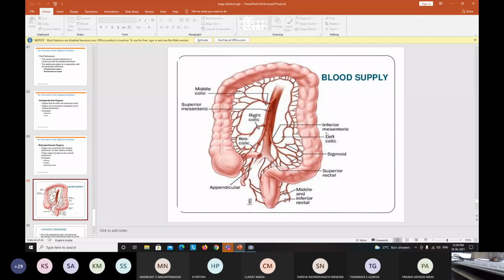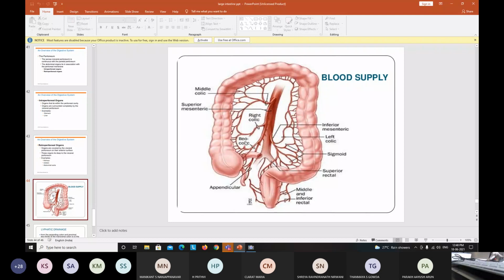The superior mesenteric artery gives the right colic artery and middle colic artery. Okay. Right colic, middle colic and ileocolic. These are the branches from the superior mesenteric.